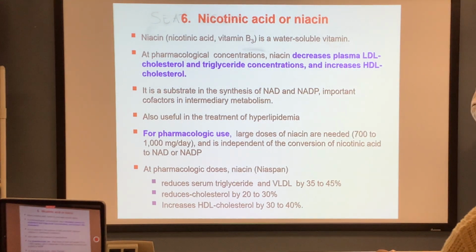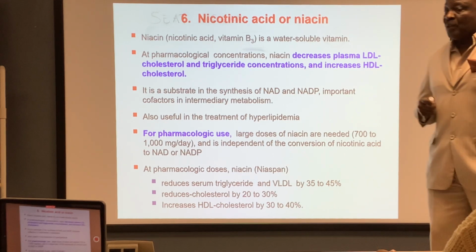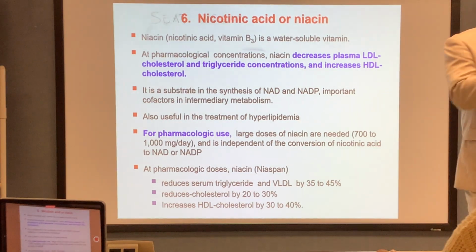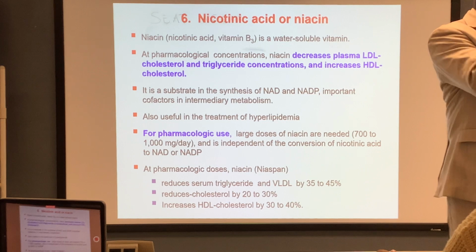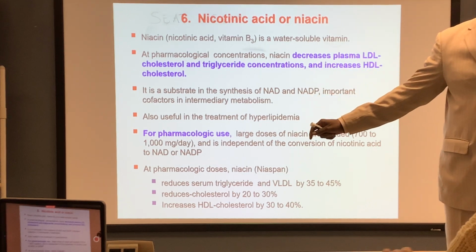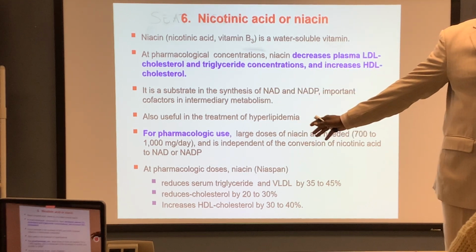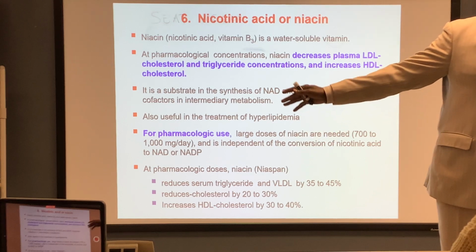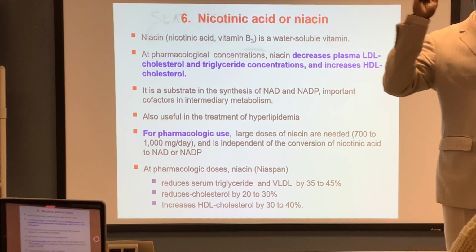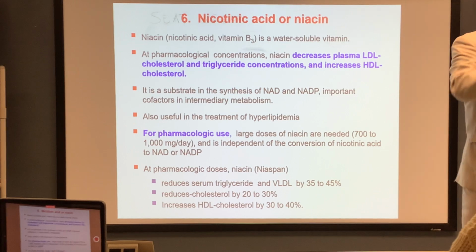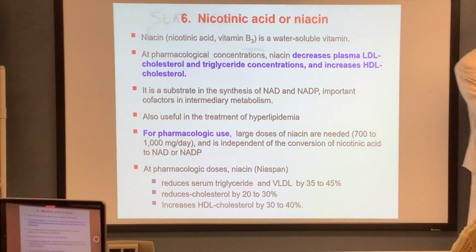So if you end up with a patient with hypercholesterolemia, and you're not too sure which particular one is high, this is one you should consider giving, pending the time, when there's more of triglycerides and there's more of low density lipoprotein.